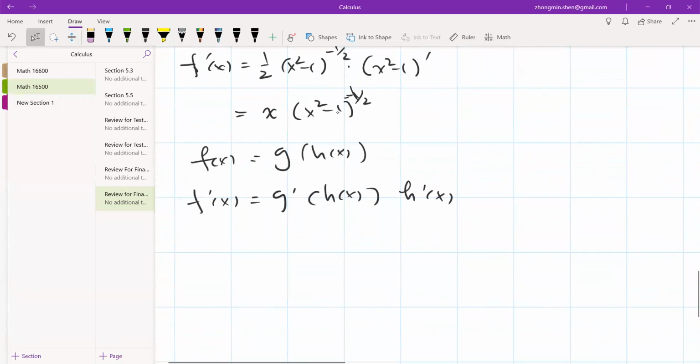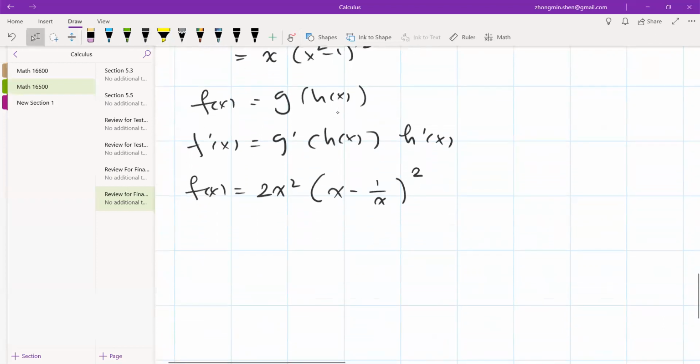Right, so the next one. All right, so this is a product of two functions. I can change it from 2 to 12 to 2000, but right now I just like this.